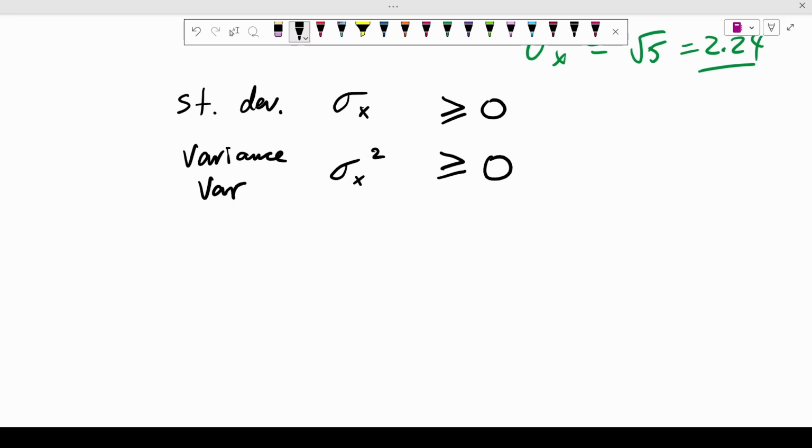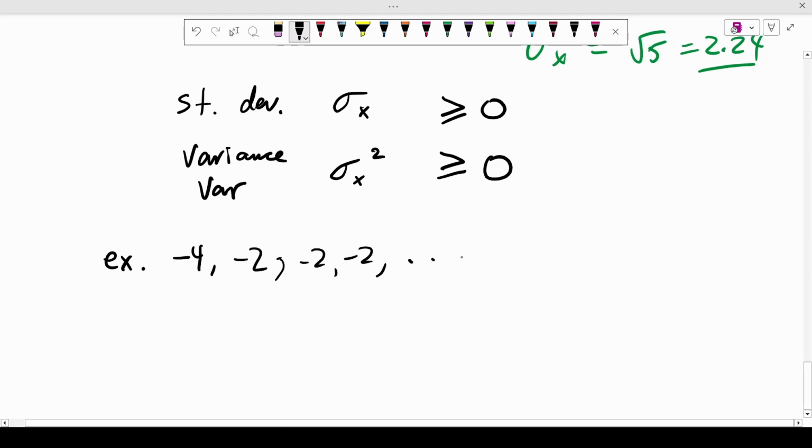Okay, well, what would happen if we add a constant to all of the values in our data set? I'm just going to make an example. I might as well come back to the one we've been using all this time, -4, -2, and so on. What would happen if I added 5 to every single data point?